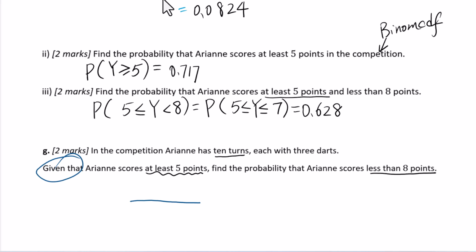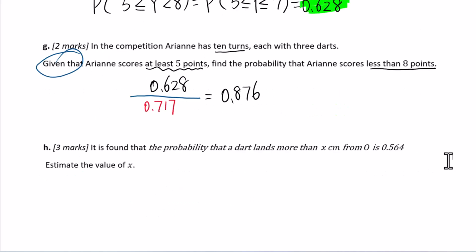Given that, we go to the denominator, which means 0.717 goes to the denominator. The probability of y greater than or equal to 5, less than 8 goes to the numerator. Answer is 0.876.